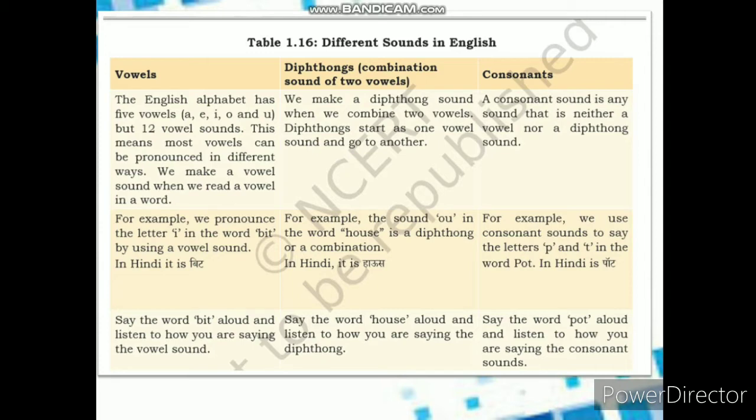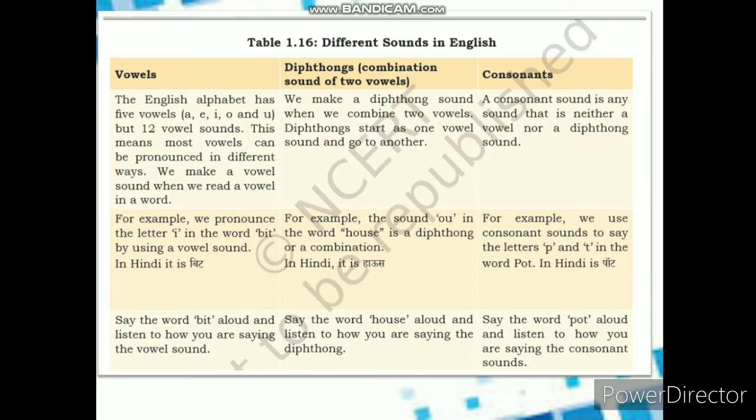Let us learn about three different sounds in English. Vowels. The English alphabet has 5 vowels: A, E, I, O and U, but 12 vowel sounds. This means most vowels can be pronounced in different ways.